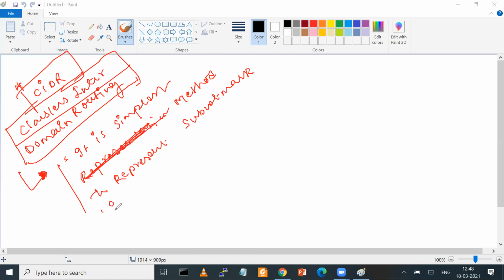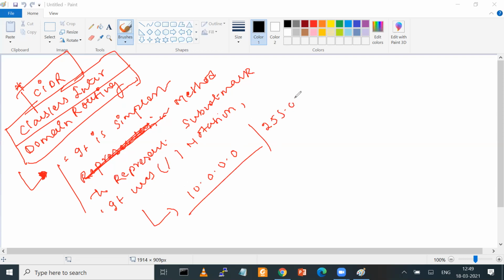It uses slash notation. Let's say I write 10.0.0.0, and if I write a normal subnet mask it looks like 255.0.0.0. But in the form of CIDR, it looks like /8.